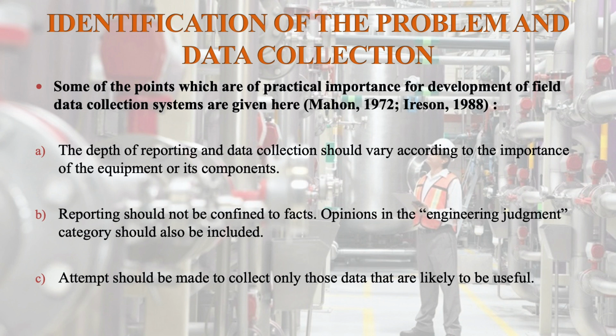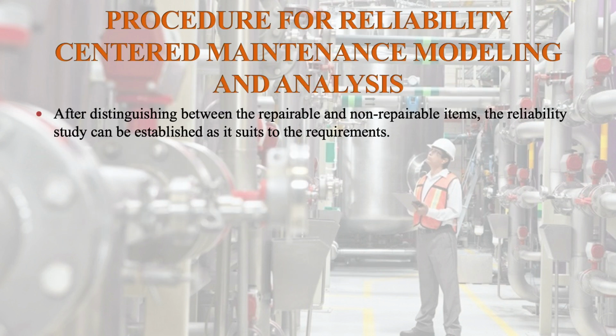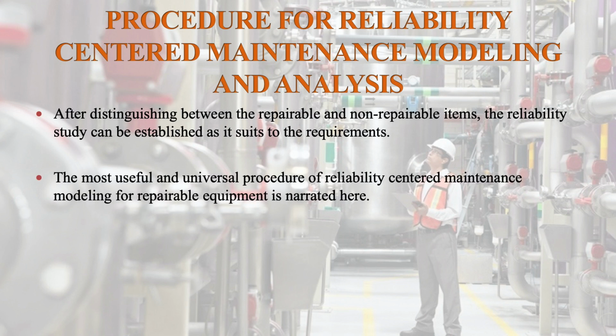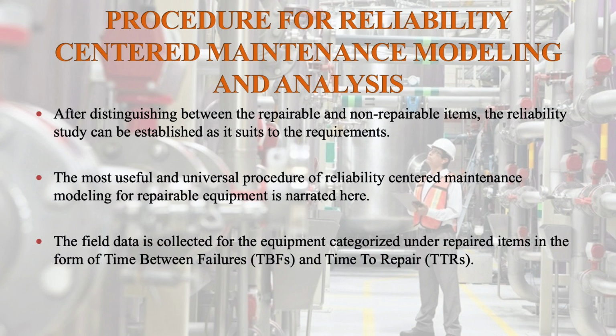Procedure for reliability centered maintenance modeling and analysis. After distinguishing between the repairable and non-repairable items, the reliability study can be established as it suits the requirements. The most useful and universal procedure of reliability centered maintenance modeling for repairable equipment is narrated here. The field data is collected for the equipment categorized under repaired items in the form of time between failures and time to repair.